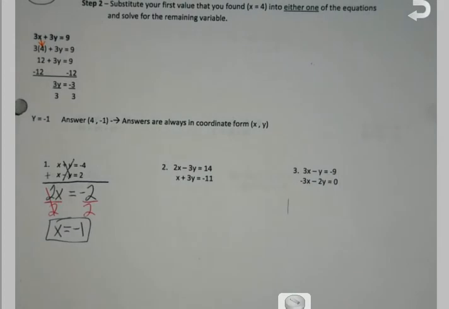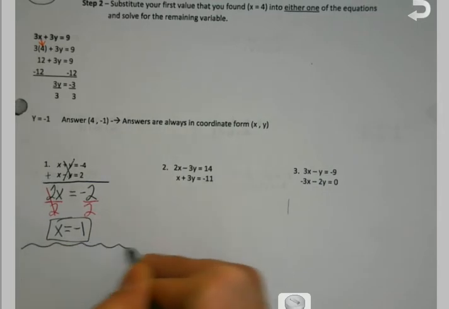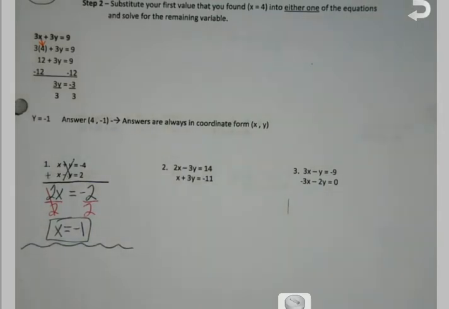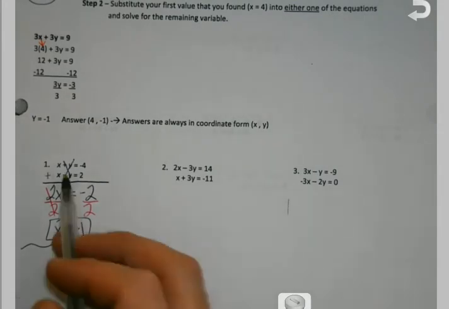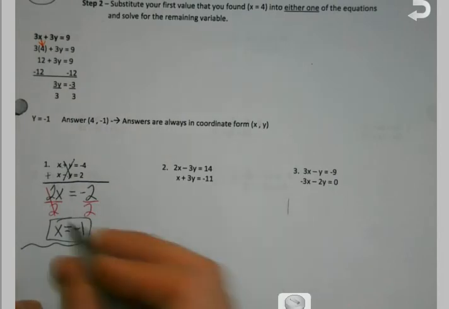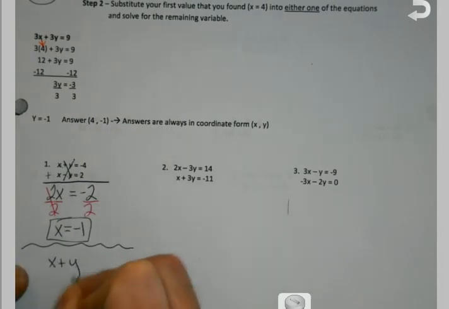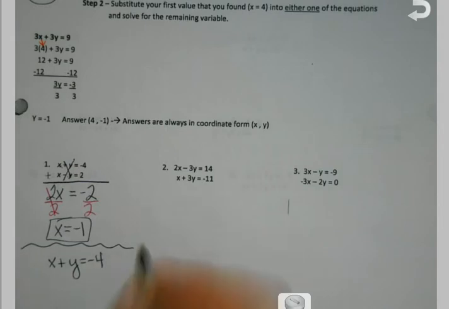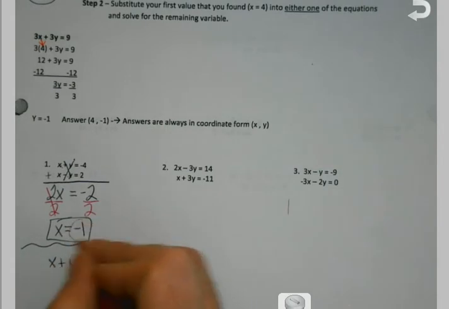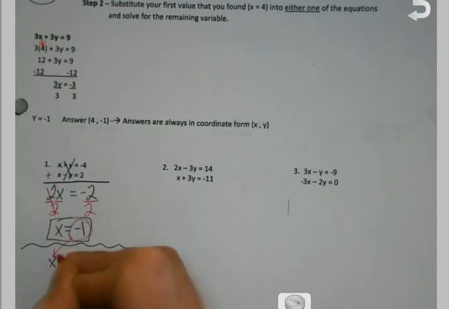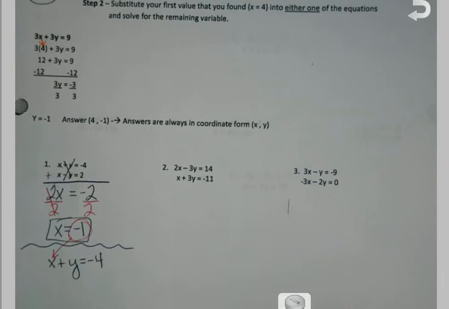Once that's done, my last part is to pick one of the equations and plug the value in. Again, you can use whichever one you want. If one looks easier than the other, I'd do that. Let's say I use the top one. I'll get the same answer with either. So, x plus y equals negative 4, and I'm going to plug that x value in for x.